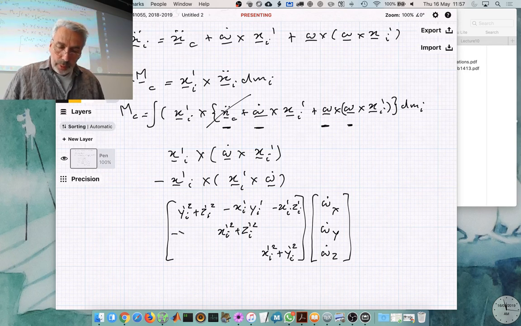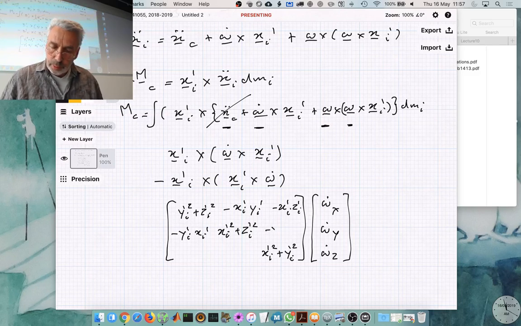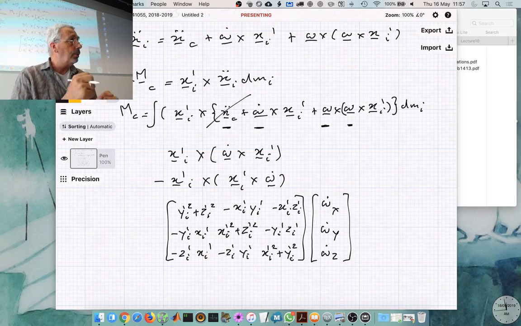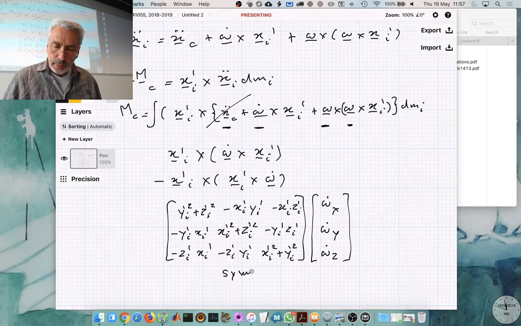The order is a little bit different: yi prime xi prime, and then minus yi prime zi prime, and minus zi prime xi prime, and minus zi prime yi prime. Well, the first thing I notice is that this term is identical to this one, right? You can change the order of multiplication, which you can, so apparently this thing is symmetric.